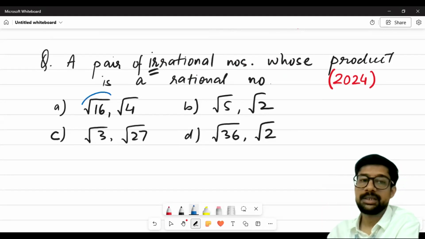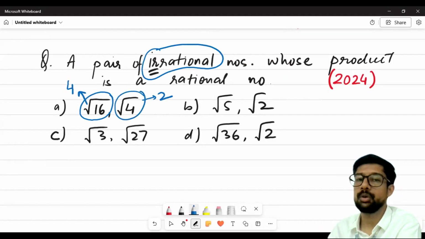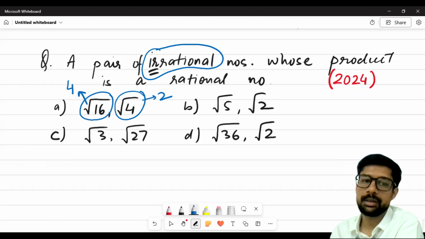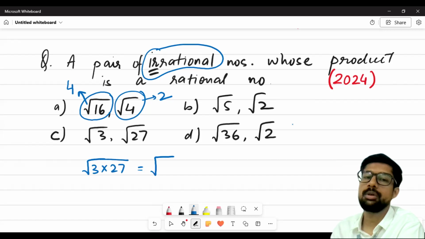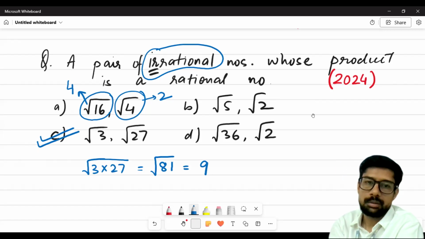Yes, they intentionally played the game by placing that number within the root so that it might appear to be an irrational number. But we know that root 16 is already 4 and root 4 is already 2. So they are not irrational. What is happening here? Root 3 multiplied by root 27 will give us root 81, which is 9. So it gives us a rational number. Option number C will be correct. Okay, so we will get a 1 marker for this. Next one.